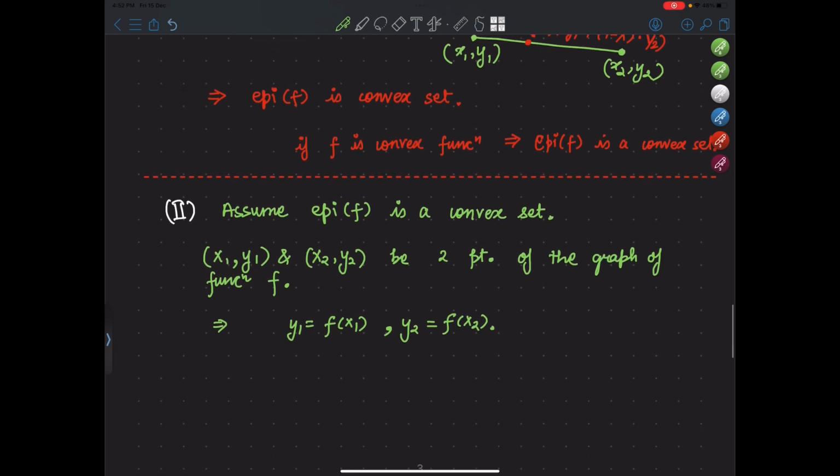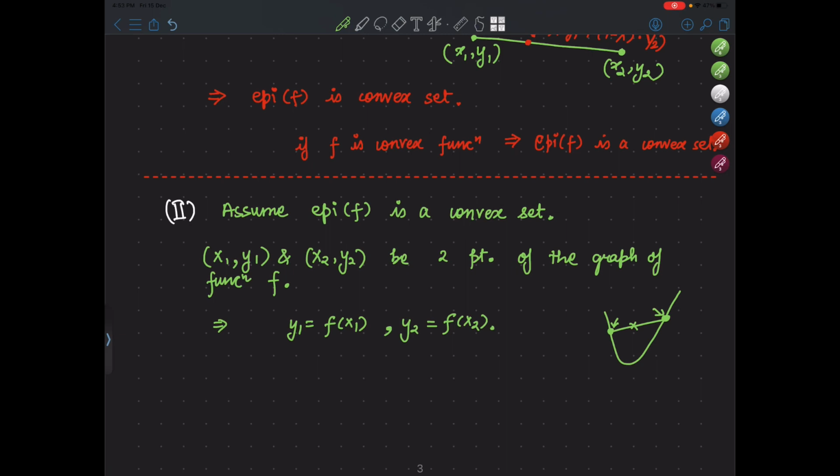Okay, now because all the points on the graph of f are also part of the epigraph, we can say that these 2 points are also in the epigraph. Okay, and because the epigraph is a convex set, we know that all points in the middle of these 2 points should also be in the epigraph.